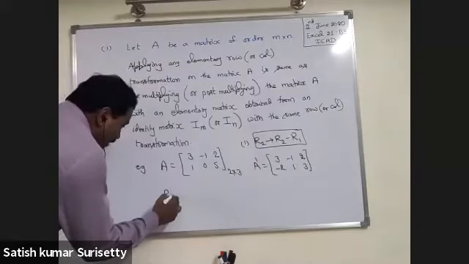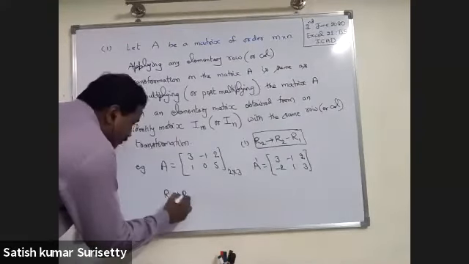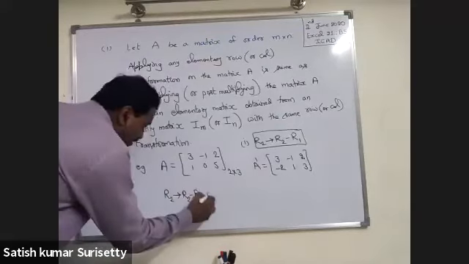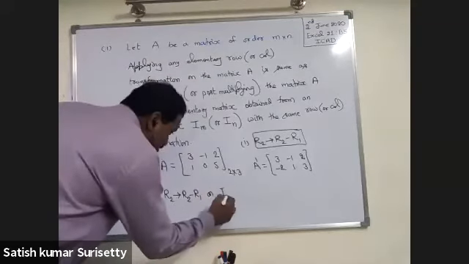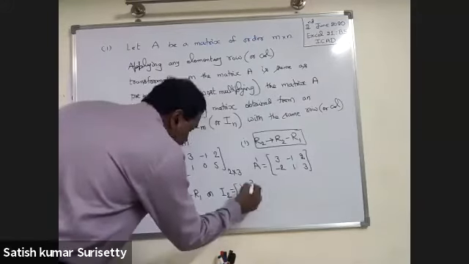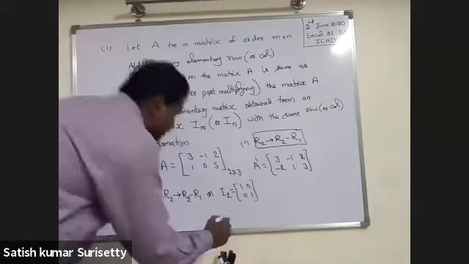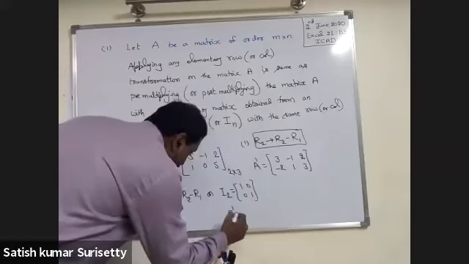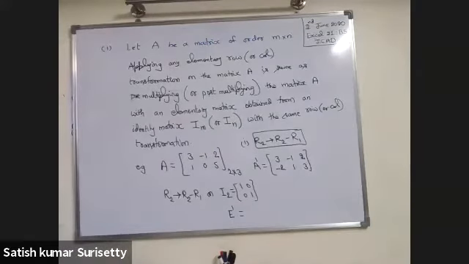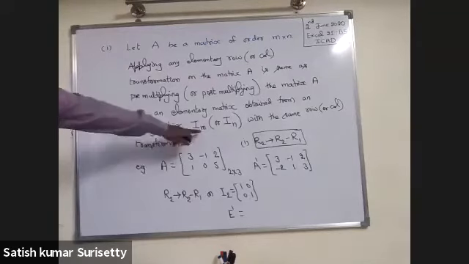So apply the same operation R2 to R2 minus R1 on I2, [1 0; 0 1], and tell me the elementary matrix obtained, E dash. Read the statement properly.